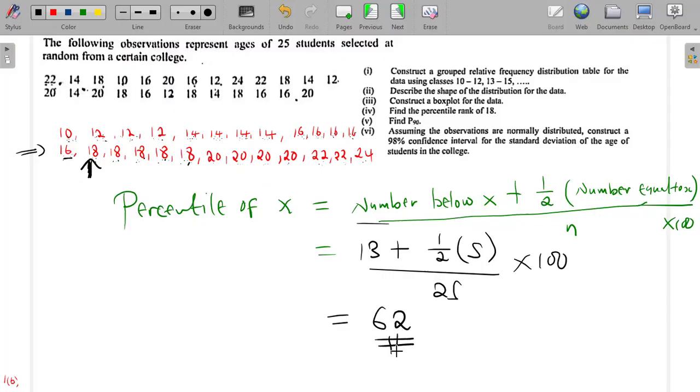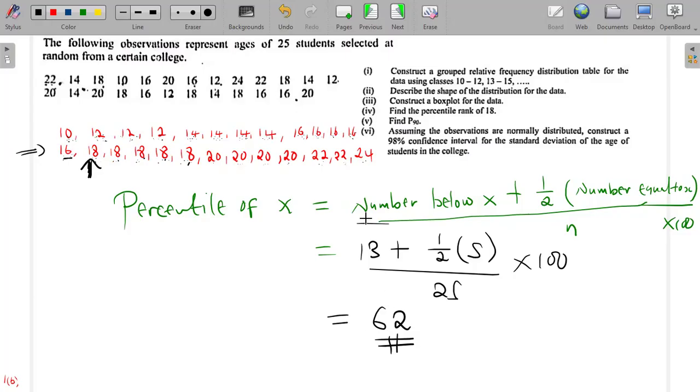What does that mean? It means the percentile rank of 18 is approximately 62. That is, an age of 18 is at approximately the 62nd percentile. That's how we interpret it. So the percentile rank of 18 is 62.